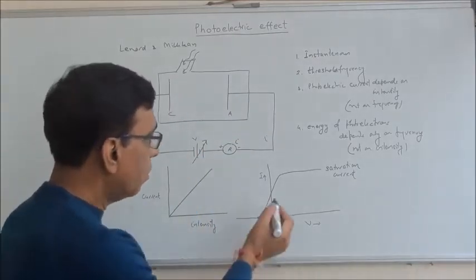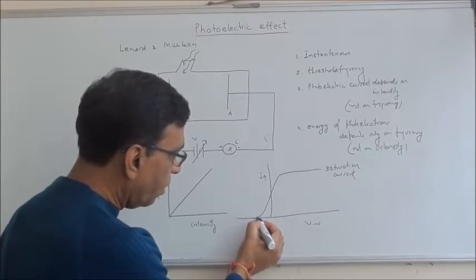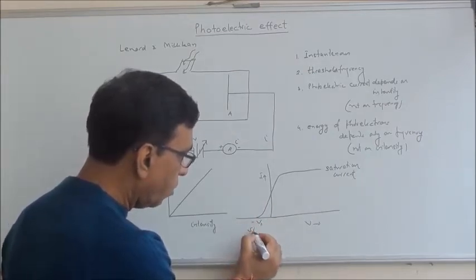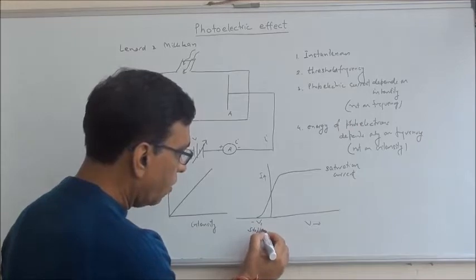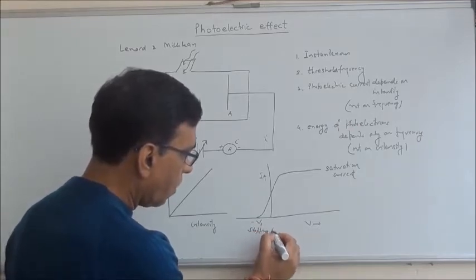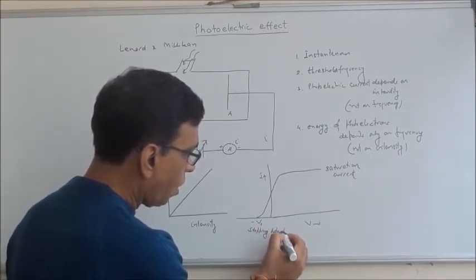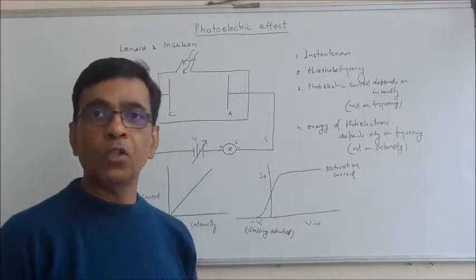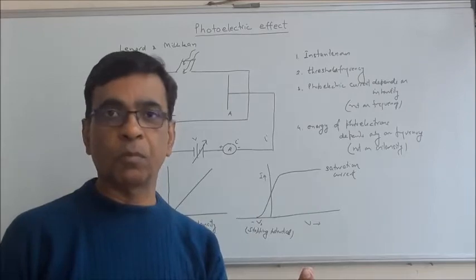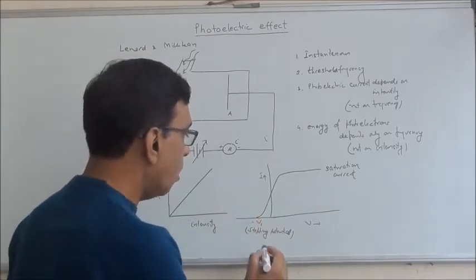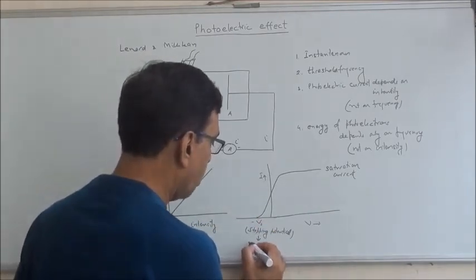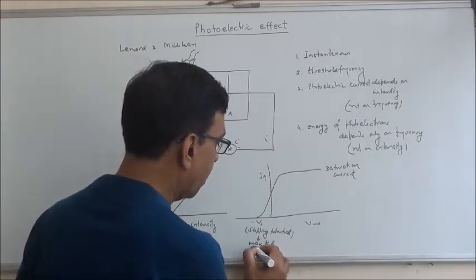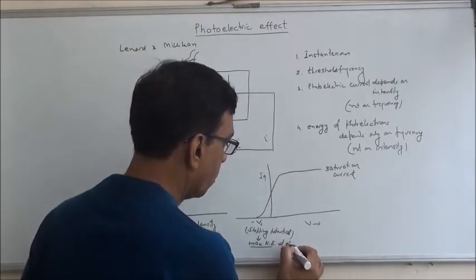If I give it negative, at some negative potential, the current becomes zero. We call it stopping potential. It stops all the electrons from reaching there, and, a very important point, it is a measure of the maximum kinetic energy of electrons.